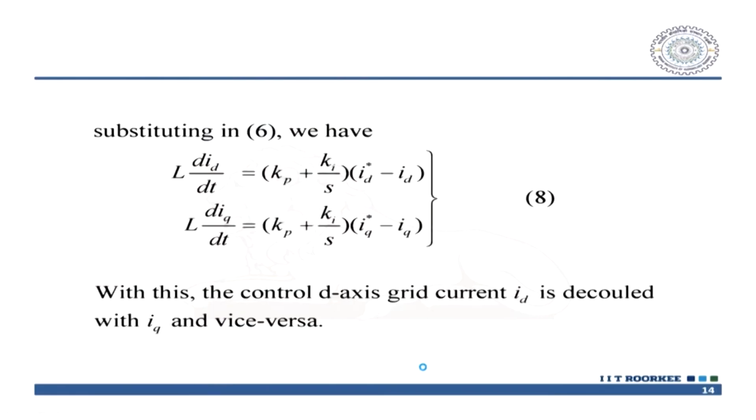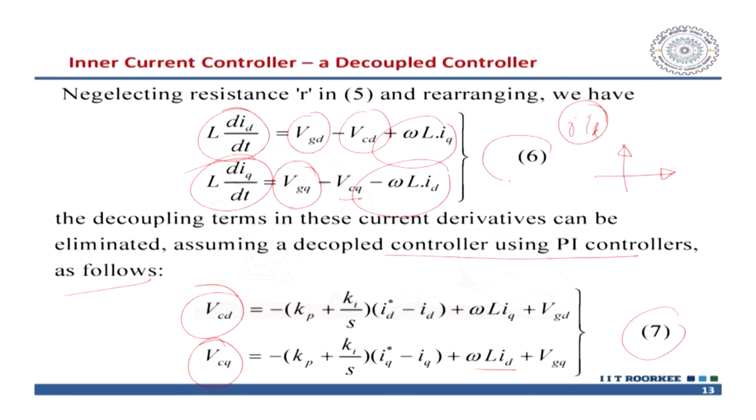Now this is equation 6. You substitute here this term and this term, and subsequently the equation you get is equation 8 with a little rearrangement.